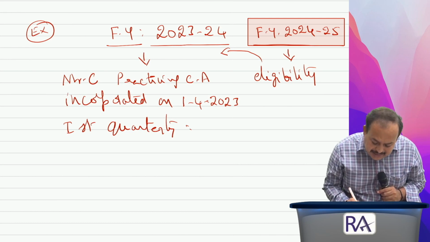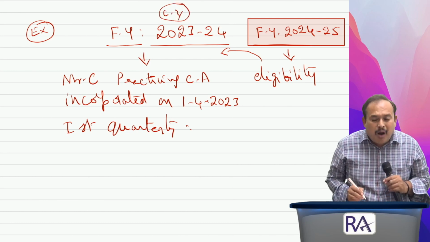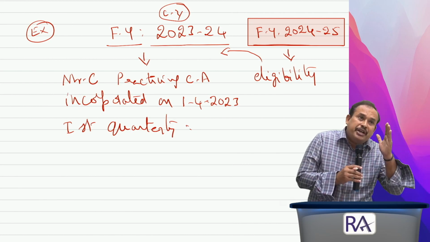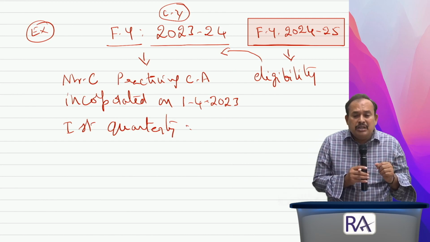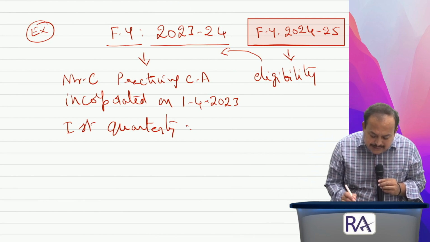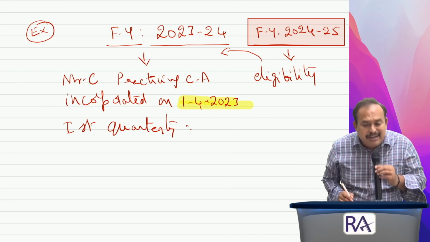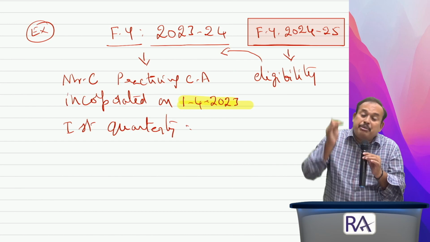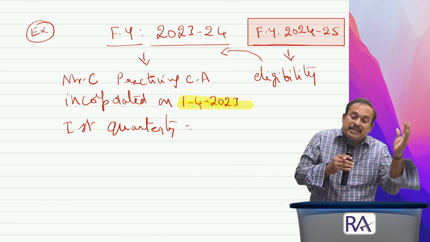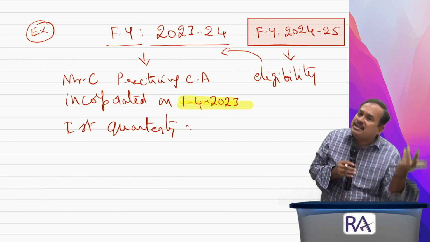For this current year, what was your previous year? 2022-23. In the year in which you incorporated, 2023-24, the previous year is 22-23. In the year 2023, what was your turnover? 0, because I did not exist.